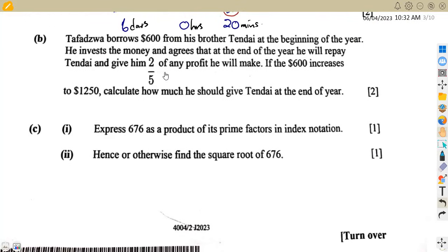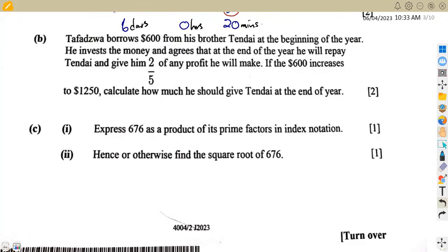He invests the money and agrees that at the end of the year, he will repay Tendai and give him 2/5 of any profit he makes. So now, if the $600 increases to $1,250, calculate how much he should give Tendai at the end of the year.